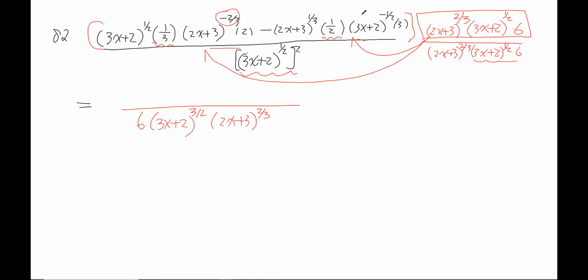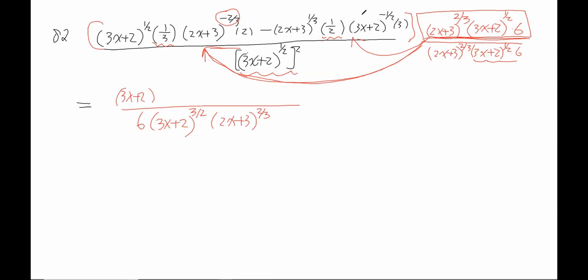Make sense? Riti, do you follow me? Riti, can you tell me, when I multiply this thing here to the first summand, what I get. You get (3x plus 2) times 2 times 2.